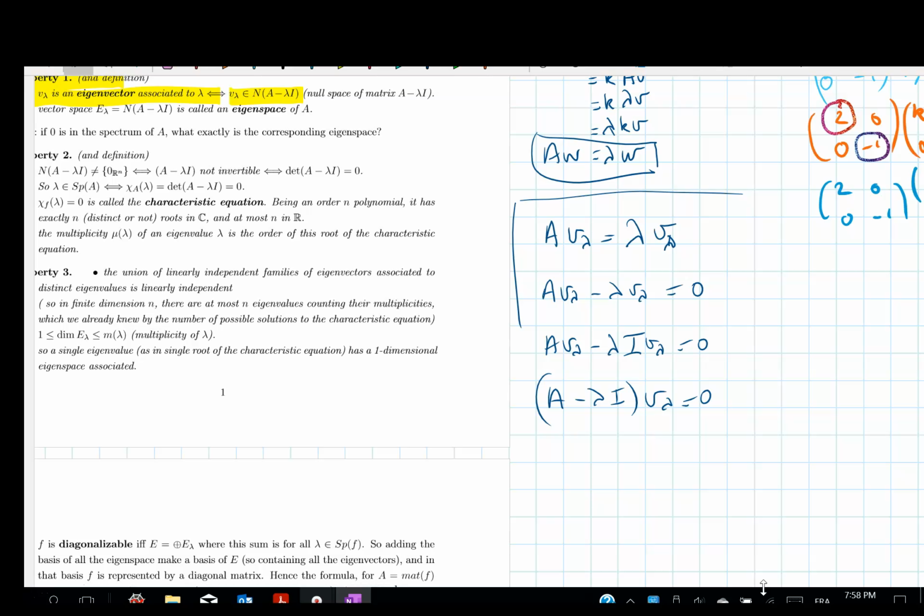Which of course I can directly translate as V lambda belongs to the null space of my matrix A minus lambda I.